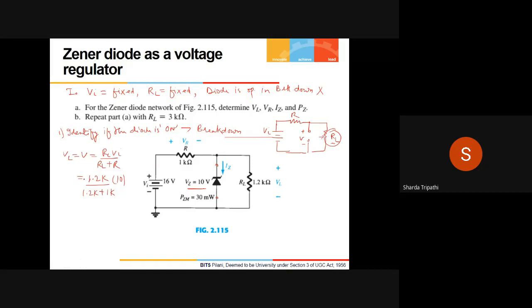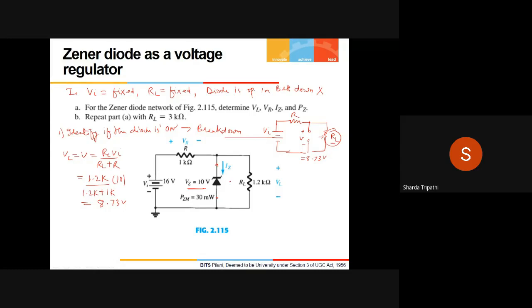If you calculate this, this will come out to be something around 8.73 volts. So the voltage appearing across these terminals is equal to 8.73 volts.